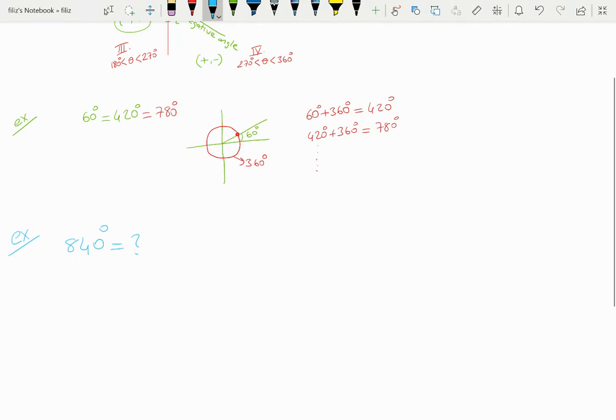I will just subtract 360 degrees from that. So I will get 480 degrees. If I take out 360 degrees again, I will get 120. So I think this is small enough to put on the coordinate plane right here.